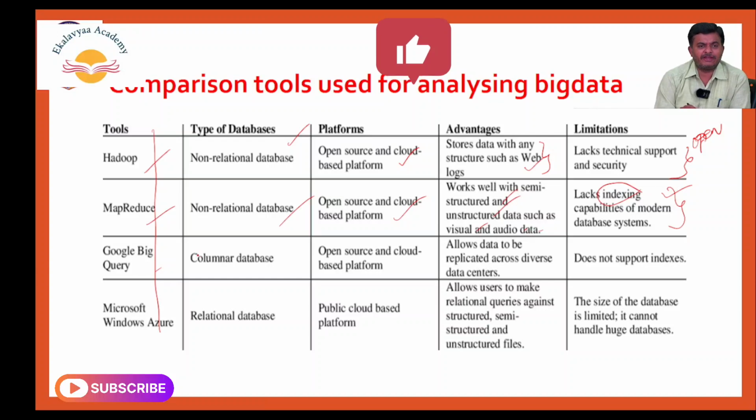Next, Google BigQuery. This is a column database, different from other databases. It is also an open source and cloud-based platform. It allows data to be replicated across diverse data centers. That is, it can store the data in different data center locations, even differing by regions also.